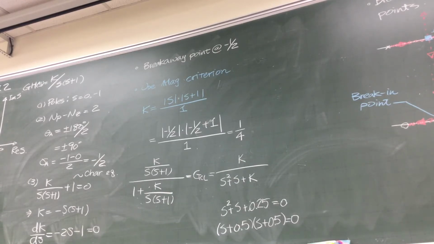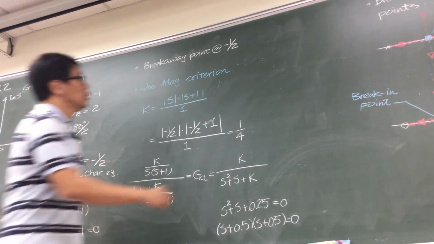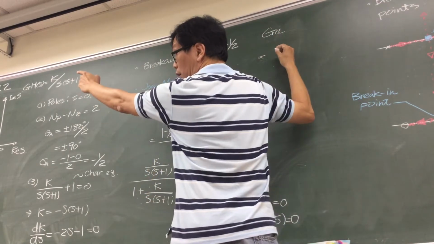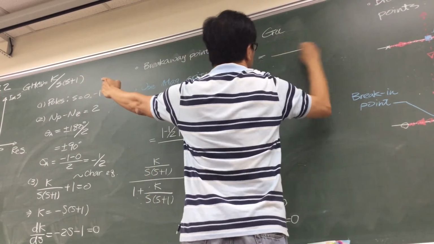Does that make sense? Good question. K must be positive because we don't want to destroy our system. If you put your K to be negative, a lot of time you're going to make your system unstable. The reason is, if you have your K equals to -1, what happens?